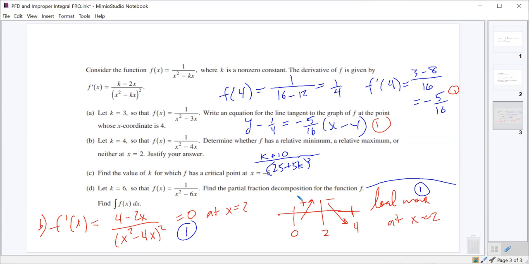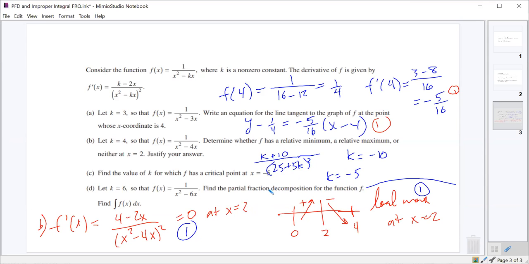And it looks like the value of k there would be k equals negative 10 from the numerator, and then k would equal negative 5 from the denominator.